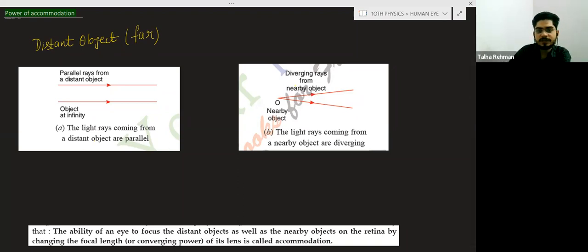Now the nearby object, like this pen for me.